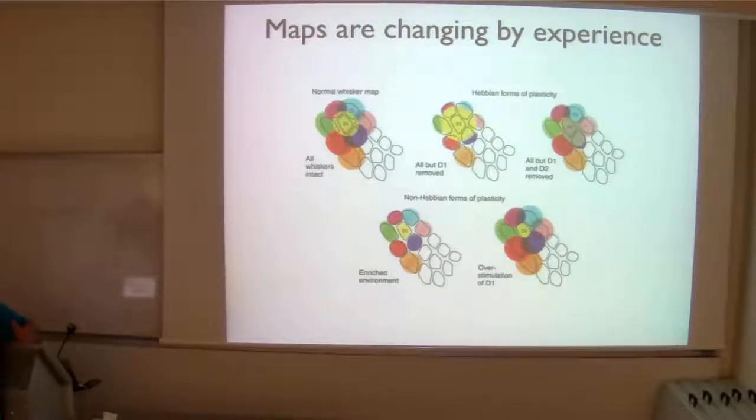But the whole idea started from there. The idea is that the cortex can actually change its response because of experience, and we can build on that in some way. That's what I wanted to say about it.